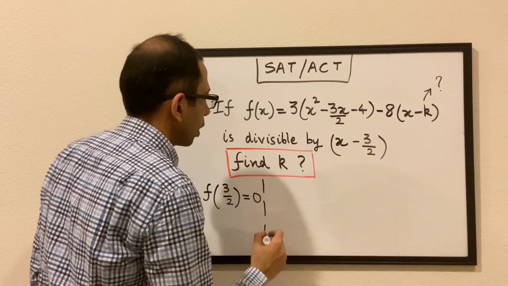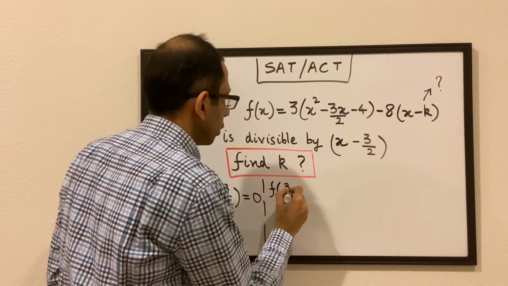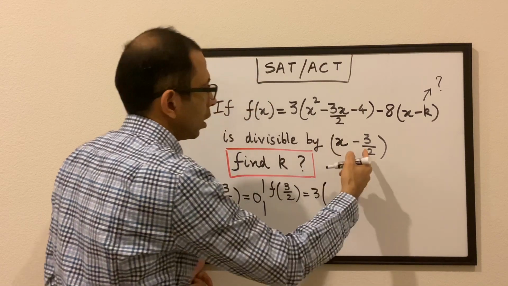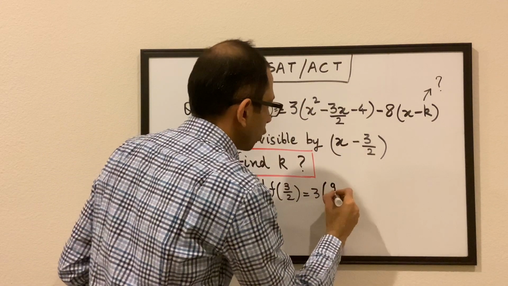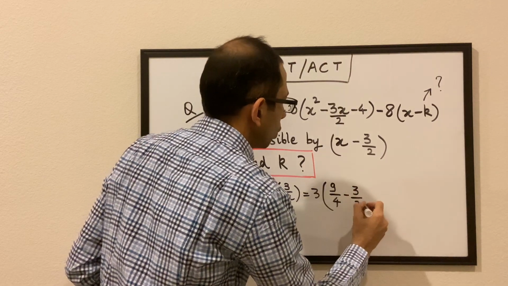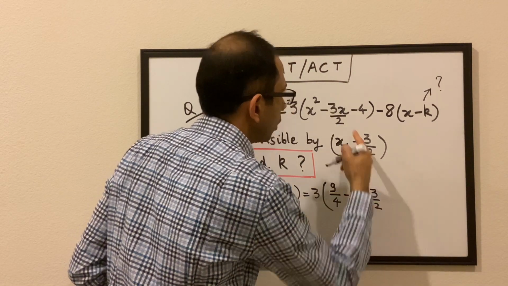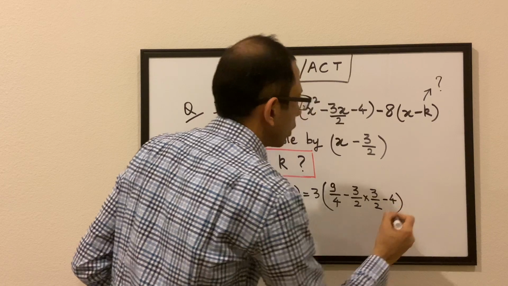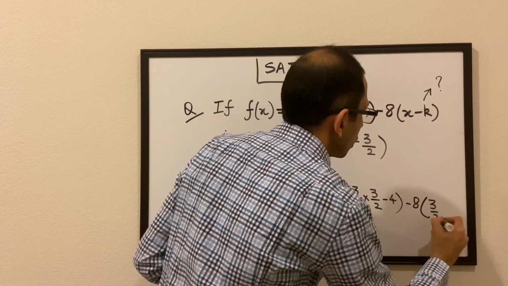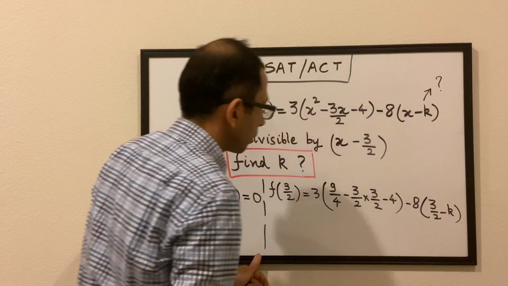So f of 3 over 2 is nothing but 3 times, 3 over 2 whole square is 9 over 4, minus 3 over 2 times 3 over 2 minus 4, minus 8 times 3 over 2 minus k, right?